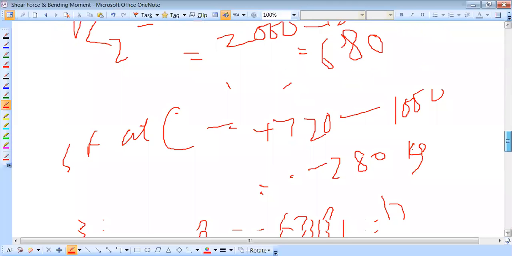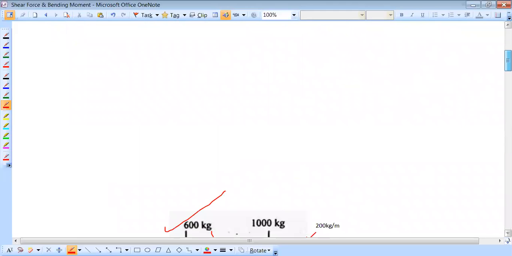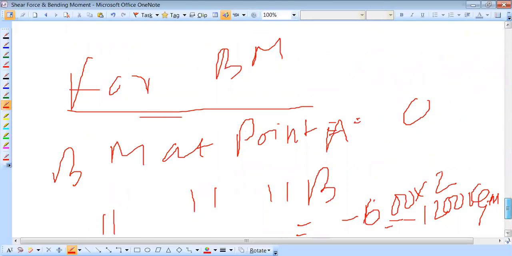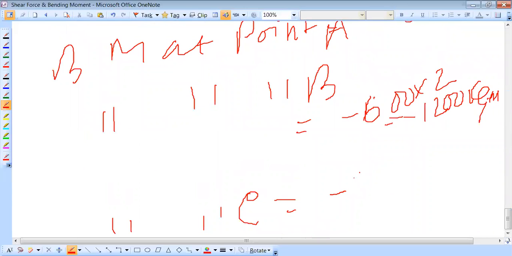Again take C: 600 into 5 minus R1 into 3.